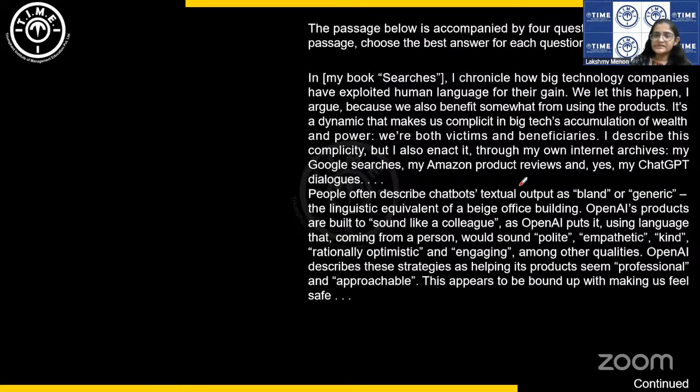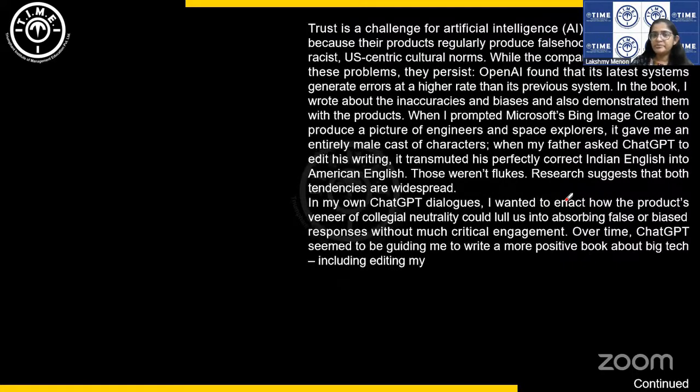The author talks about OpenAI and ChatGPT, and repeatedly finds that certain types of errors, stereotypes, biases, etc., are prevalent, and that ChatGPT has a certain formula it follows to correct mistakes. And that can often go wrong.